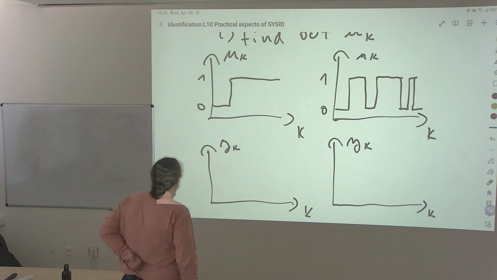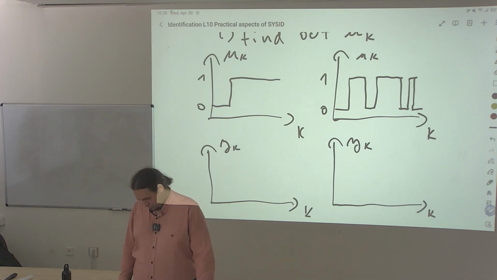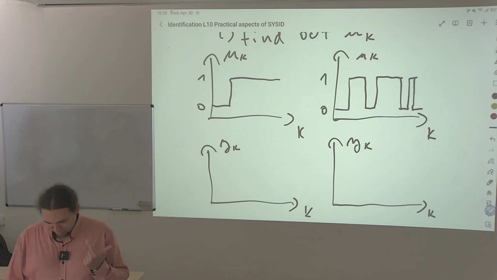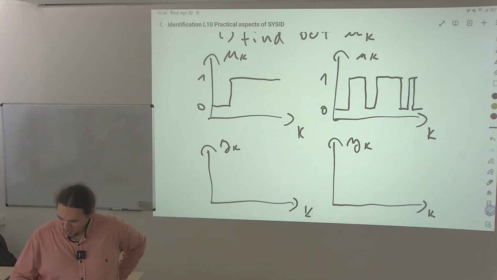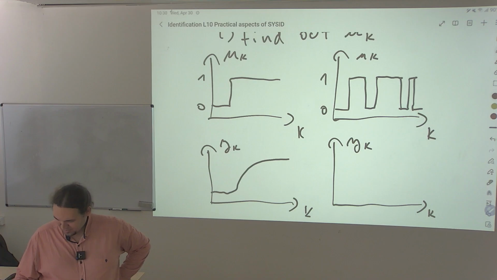So basically, let's say we have one slow and one fast pole. What we will measure in the case of a step response, well, this is too nice.